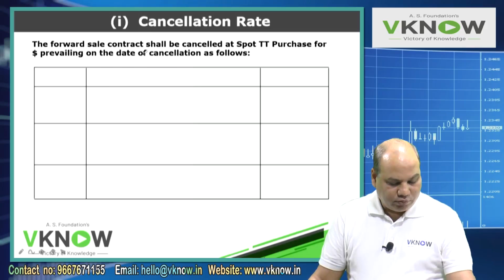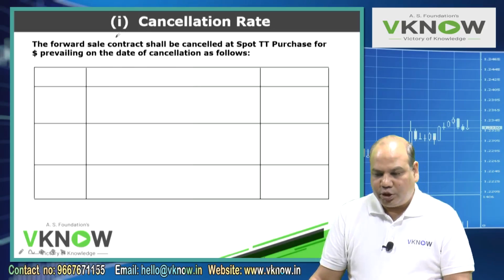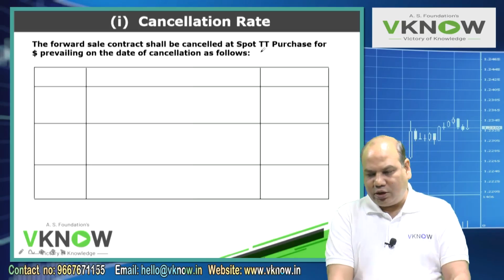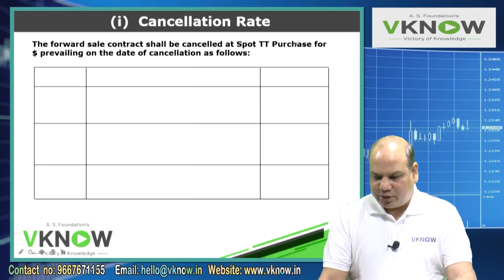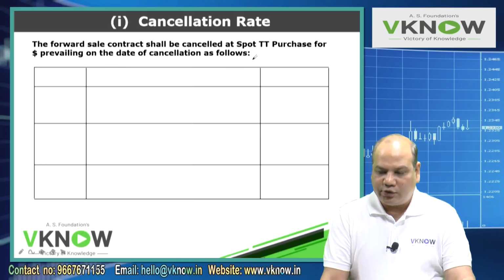So you have total 6 questions plus 1 question I have dictated. Please write. Point number 1, cancellation rate. The forward sale contract shall be cancelled at spot TT purchase for dollar, prevailing on the date of cancellation as follows.